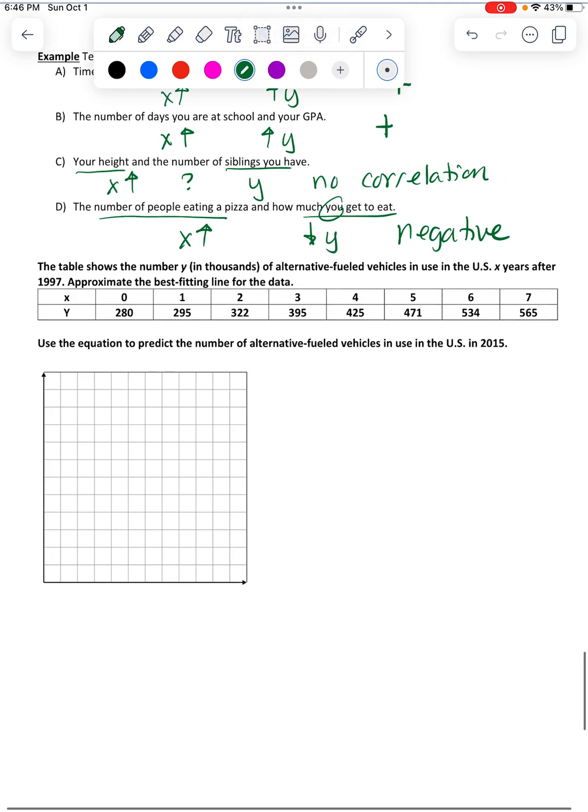Okay, so let's do our best here to plot some data and then find an equation of the line. We're supposed to approximate the best fit line, and then use our equation to predict the number of alternative fuel vehicles.